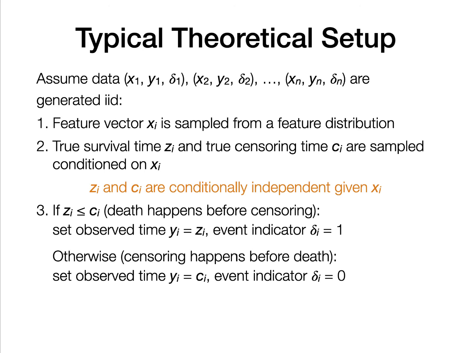Okay? Otherwise, censoring happens before death, then we set the observed time yi to be equal to Ci and the event indicator to be equal to 0. Okay? So this just gives you an idea of a typical theoretical setup. This is referred to as a random censoring setup.